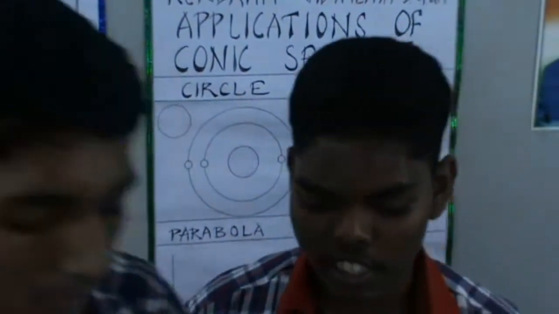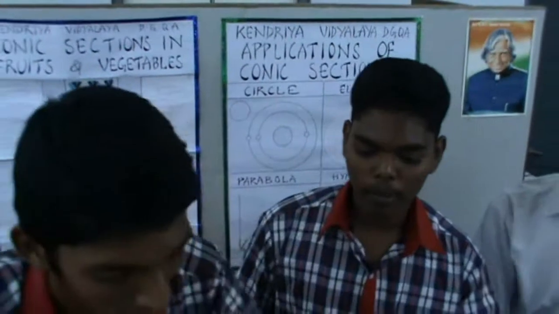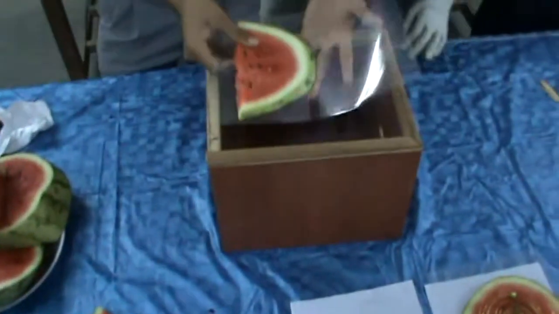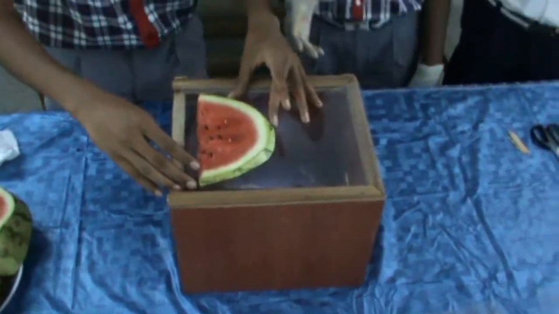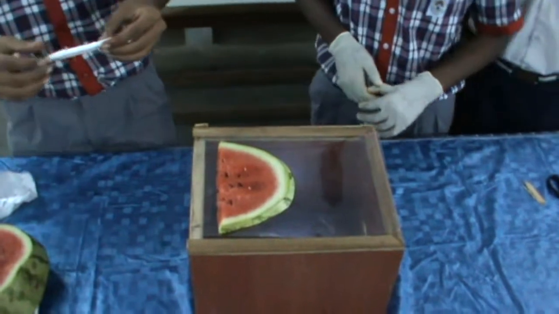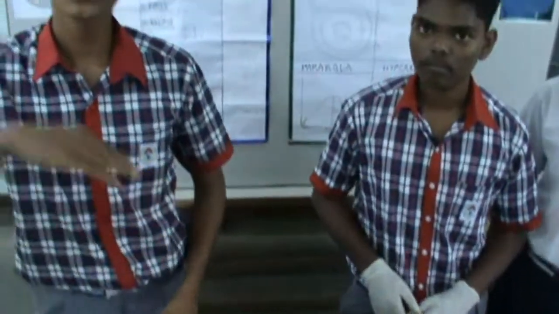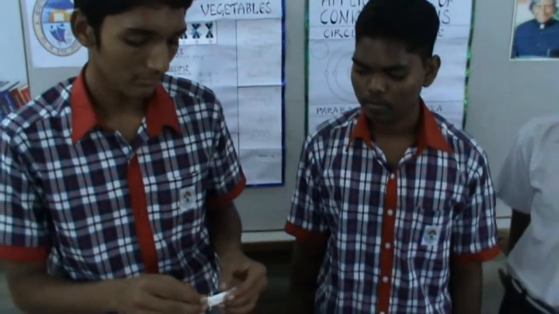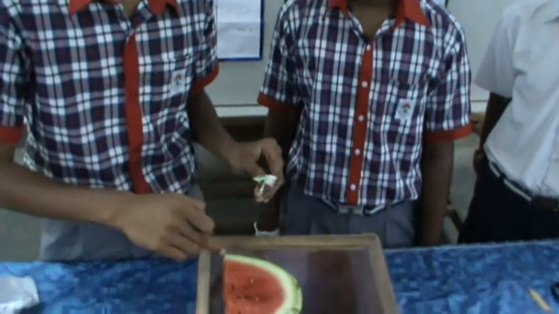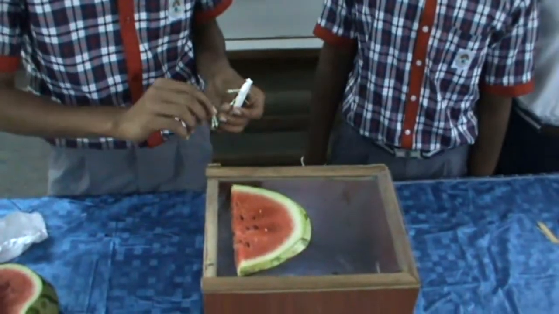Now let's go to the third child of mother cone, that is the parabola. This can be used to explain projectiles and trajectories. We all know about projectiles, that is, an object thrown with initial velocity and then moving under the action of gravity, and the path followed by a projectile is the trajectory, which is a parabolic path. Now let us consider this to be the path of the projectile.